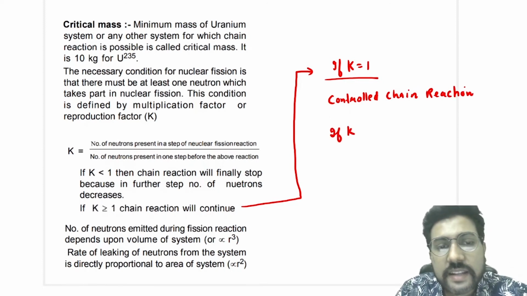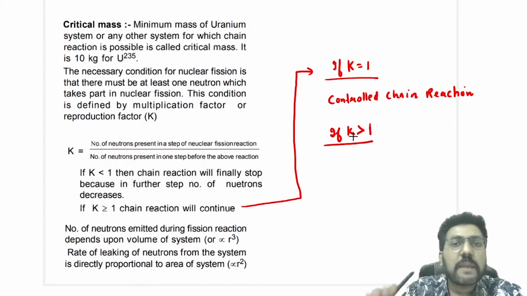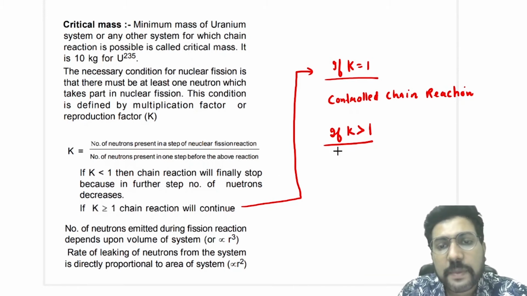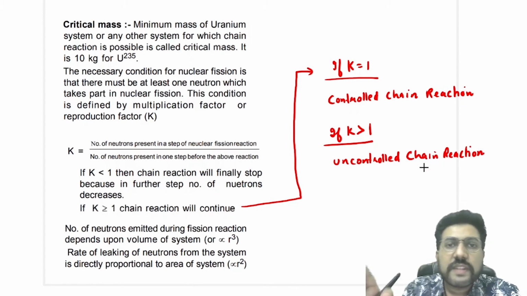If K is greater than 1, in that case, in every step, the number of neutrons will increase. And if the number of neutrons increases in every step, you will say that this is an uncontrolled chain reaction. Because the number of neutrons will keep on increasing, the energy release will keep on increasing.